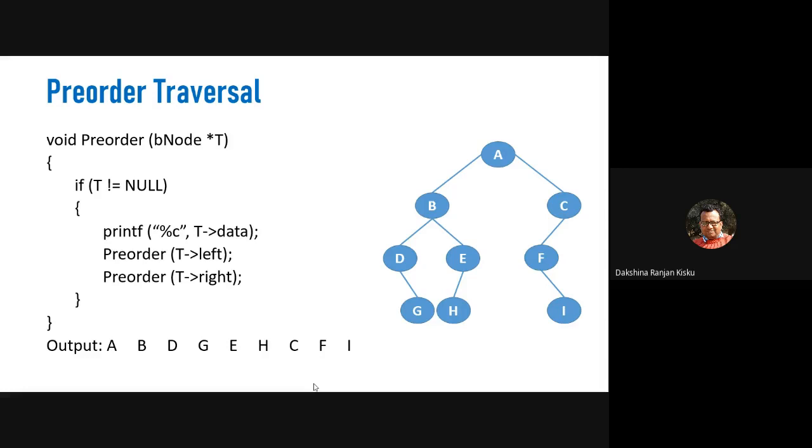So E will be printed first, then H will be printed. Now all the nodes in the left subtree of the root node A have been visited. The left subtree is completed. Now we will be visiting the right subtree.